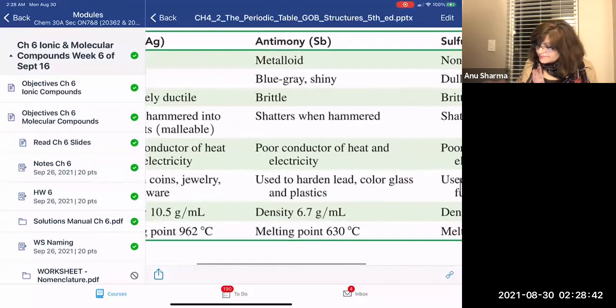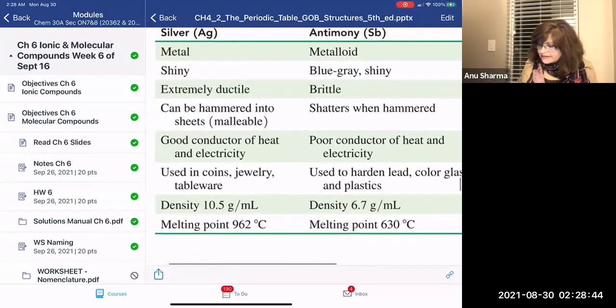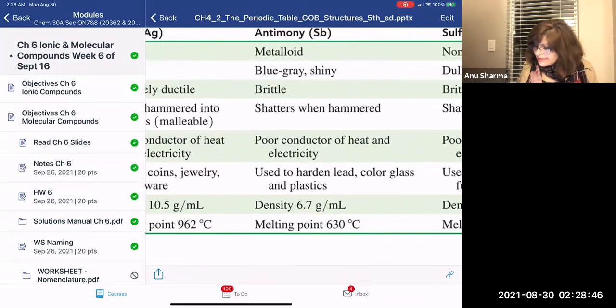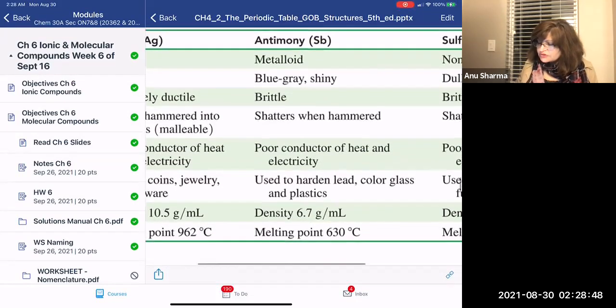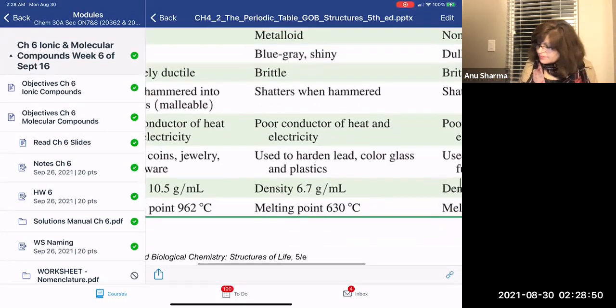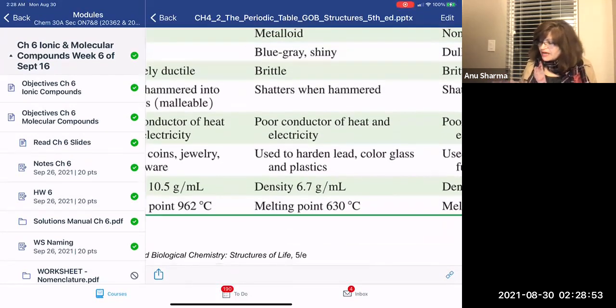Next comes the, like they are used to harden lead, color glass, and plastic. So they have very different types of uses, like we talked about semiconductors. But anyways, for density, they are heavy, and melting points are also very high.